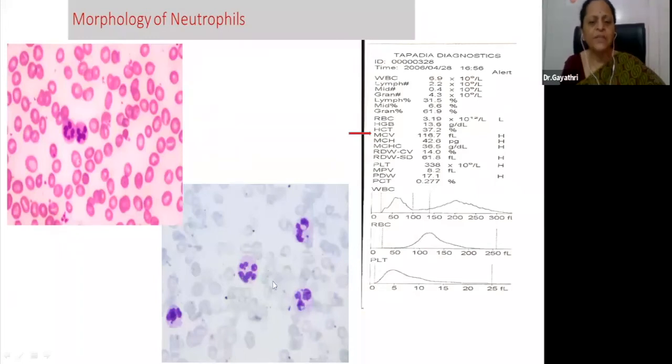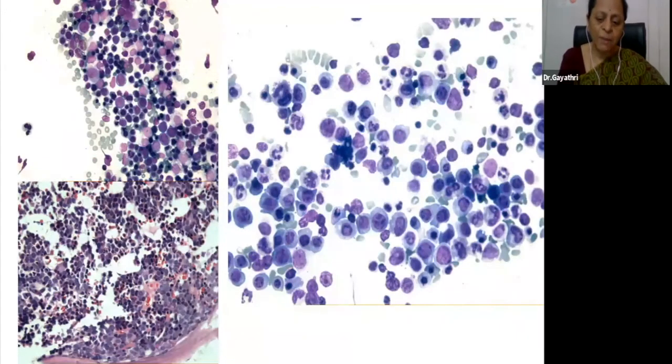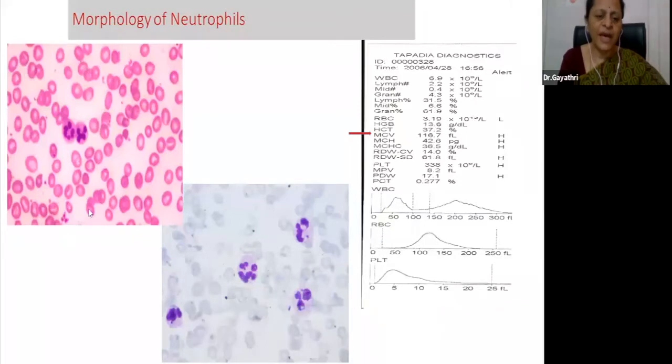These hypersegmented neutrophils must never ever be missed, because this is like magic. This is one of the situations where you can play the hero, immediately suspect a diagnosis that is very easily treatable, and the patient will go dancing home and you can go singing home.